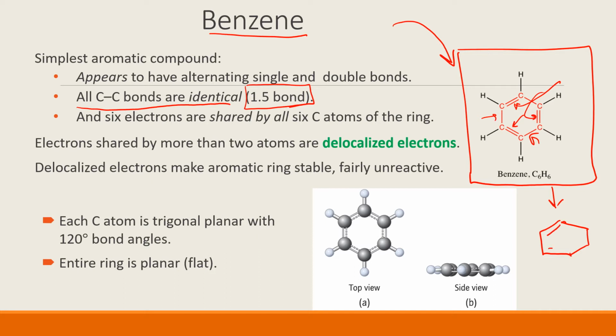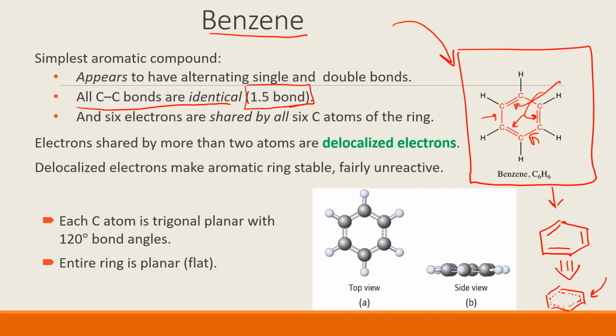Although benzene may appear to have alternating double and single bonds, studies have shown that the actual structure of benzene is that all bonds are identical. So I can show this with a dotted line, and this dotted line represents that all bonds are between double and single bond, or a bond and a half.